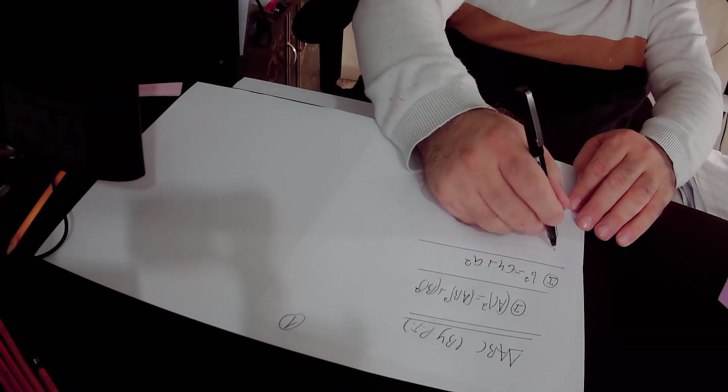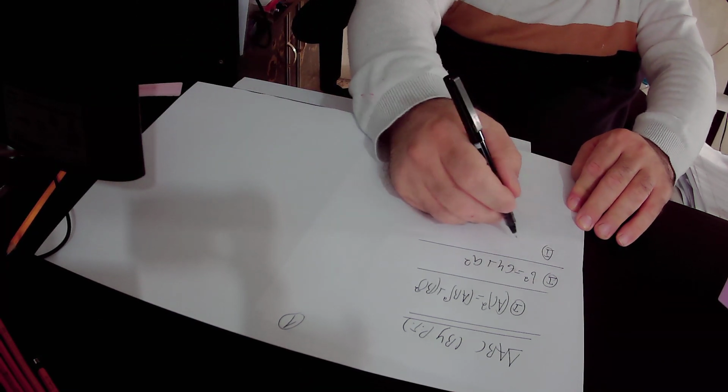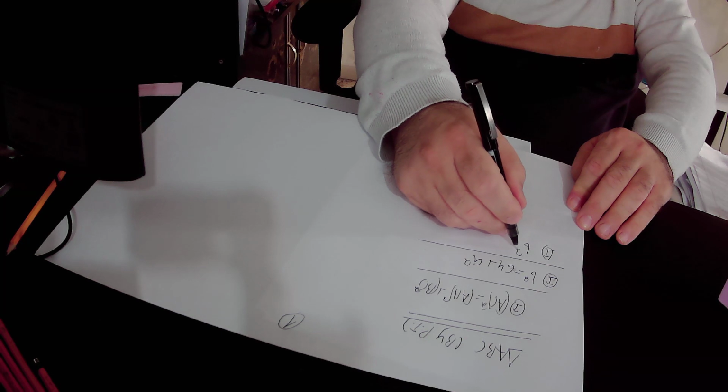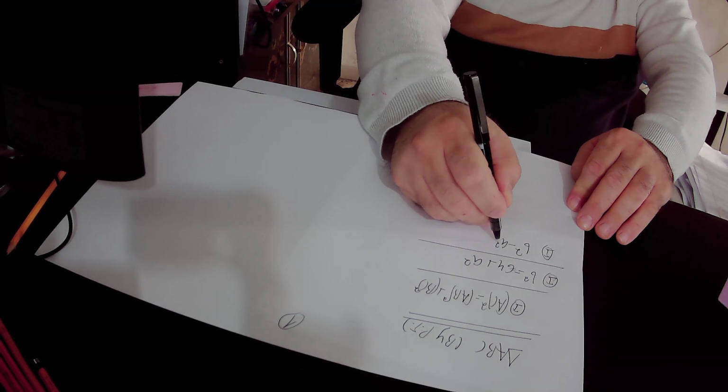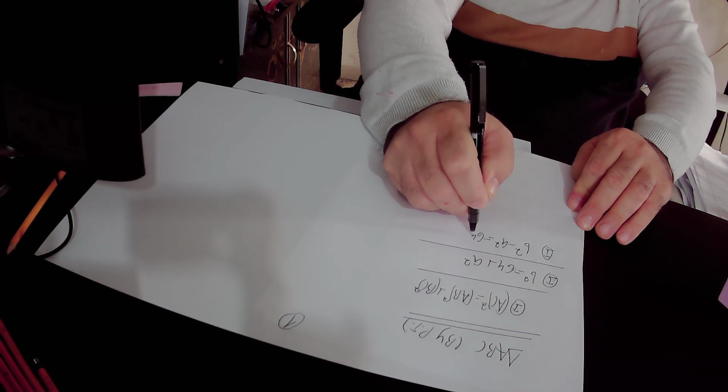And we get that according to equation number 1, B square minus A square equals 64.